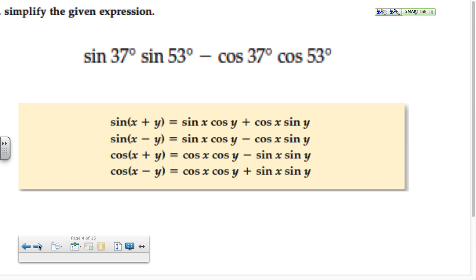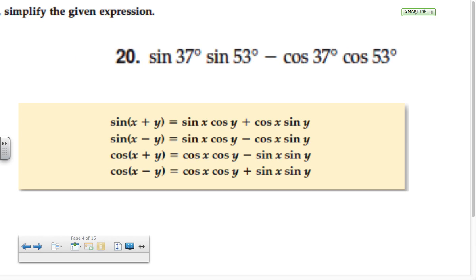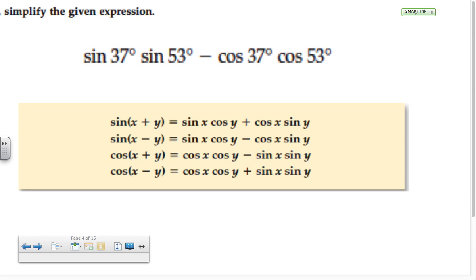So we're going to look at the identities that have sine in the problem. There's two of them, there's this one and there's that one. And I have a negative cosine. I have cosine here and cosine here, so neither one of them had negative cosine, but one of them has a negative sine.